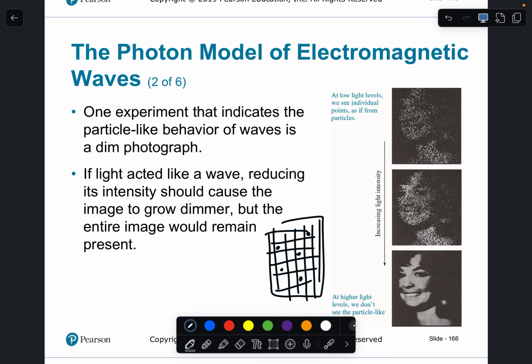Only the particles are hitting some of them, and thus producing the grainy picture, right? The little dots. So this is just one example of why we can talk about electromagnetic waves as particles, because we actually can see that it does behave like particles a lot of the time.